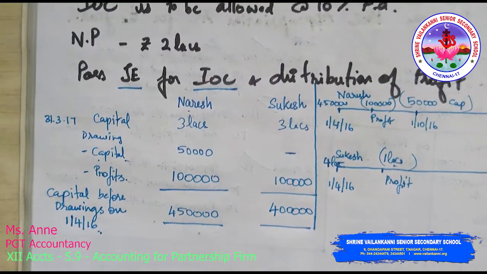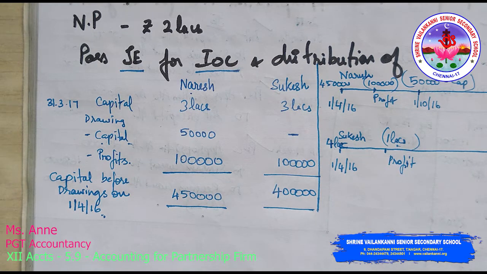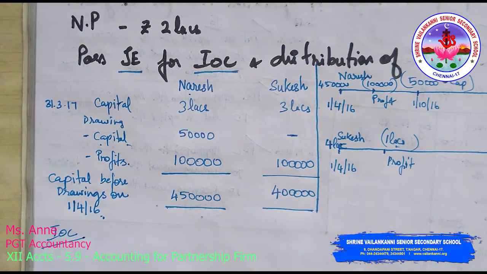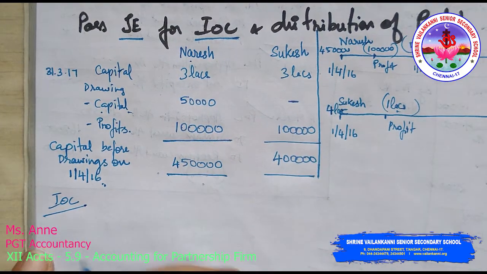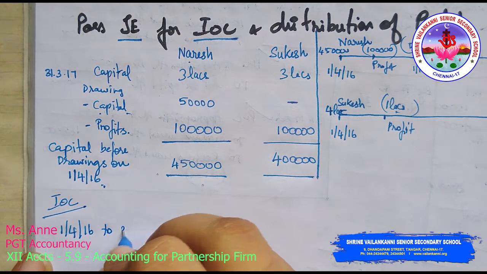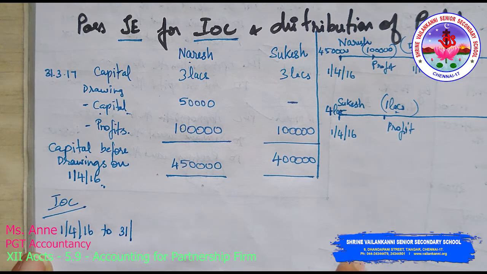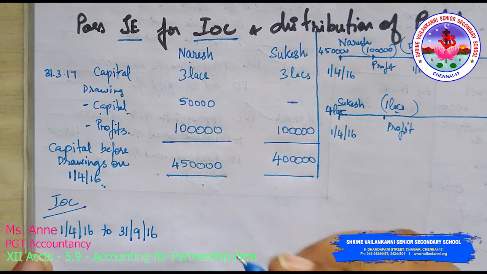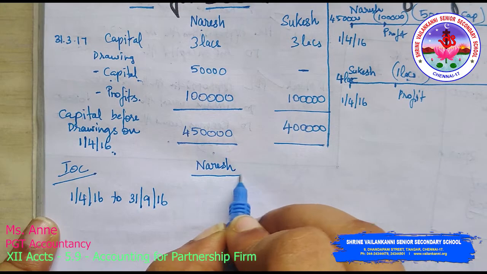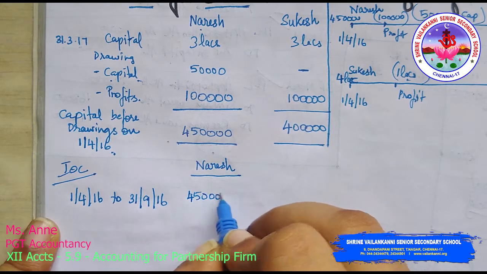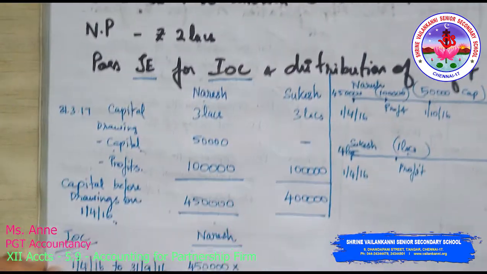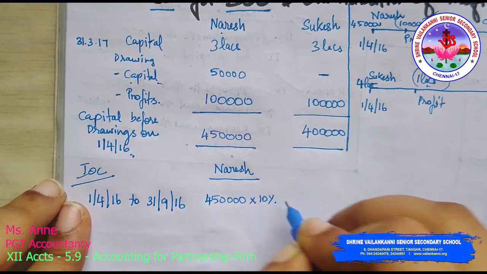Then you need to calculate the interest on capital. So how do we calculate this interest? From 1/4/2016 to 30/9/2016, the capital of Naresh was 4,50,000, into the interest rate of 10%, into the period.